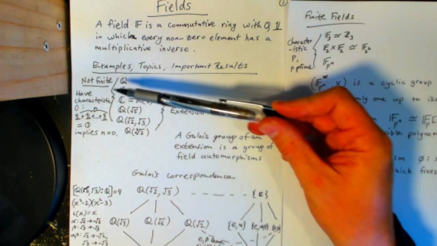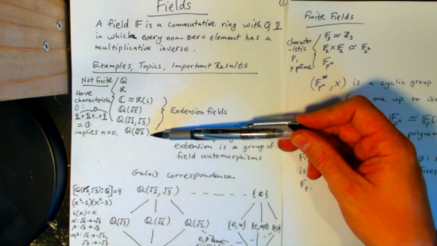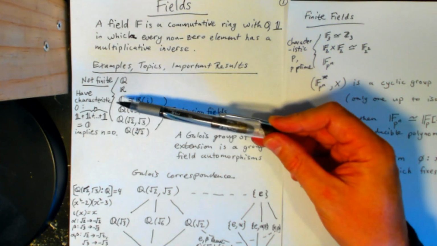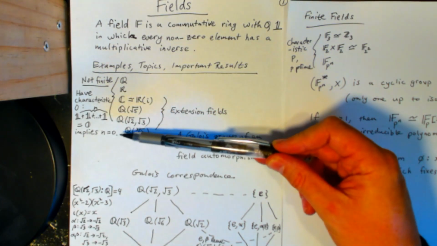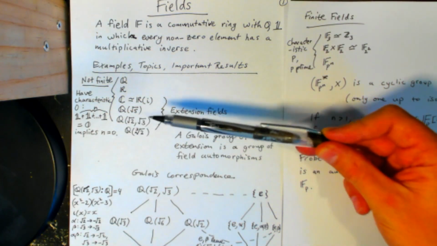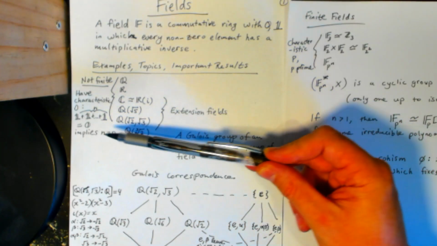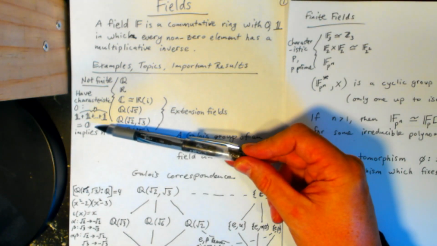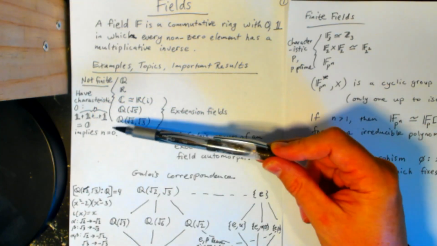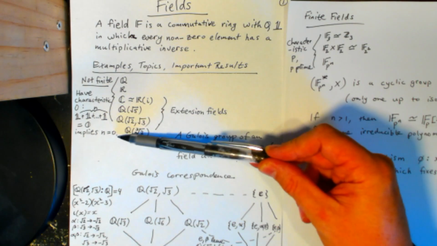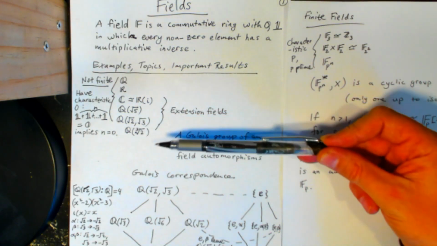Now, these fields are all examples of fields of characteristic 0. Okay, and what that means is that if you take your multiplicative identity and you add it to itself n times, and you get the additive identity from doing that, and this implies that n is equal to 0, then you have characteristic 0.